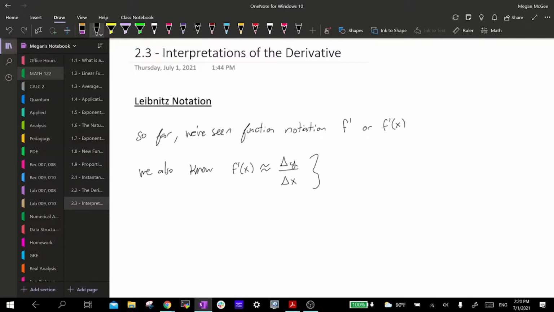Alright, so if we have y is equal to some function of x, then we write the derivative as dy over dx.